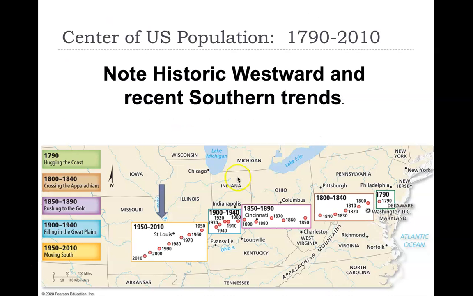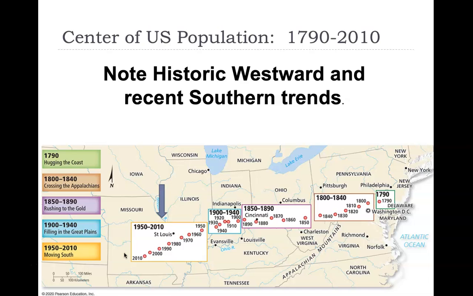From the 1950s on, though, we start to see this southern trend. So there you have it. We have all of these different pieces. We keep going west and west and west, but in the 1950s, we start to see a southern trend as well. We'll talk more about why you would put a factory in the South in 2020.